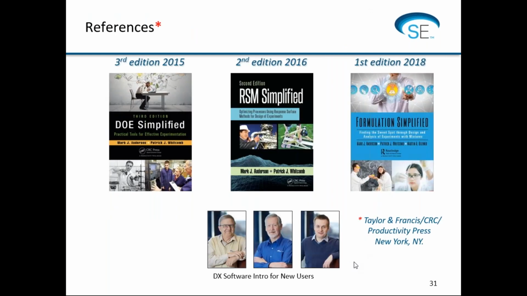There are books written by folks at Stat-Ease. These are not heavy reads. These are kind of lighthearted, fun-spirited, but very helpful books on the basics of DOE simplified, RSM, and now the formulation book as of the last couple of years is out there. Okay, so these are very helpful as well.